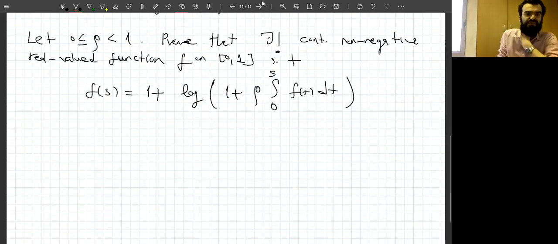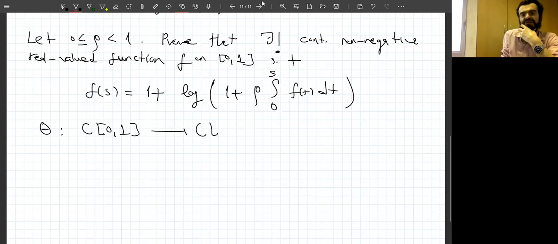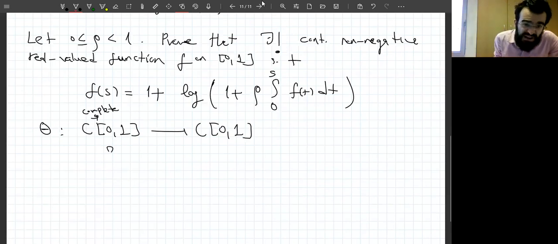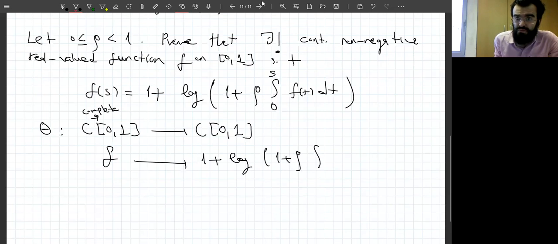Define theta from here to here. Clearly, this is a complete metric space with respect to the sup metric. It takes f and sends it to 1 plus the integral of the logarithm absolute dt.